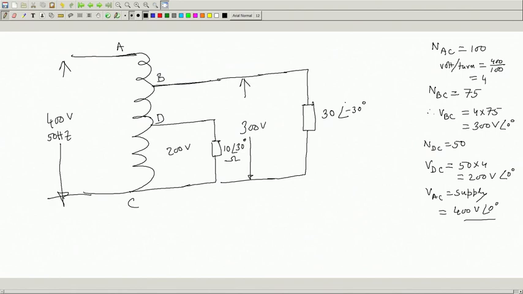That is, from the same auto transformer by 2 tappings at B and D, C being the common terminal, I will supply 2 loads which require 2 different voltage levels.